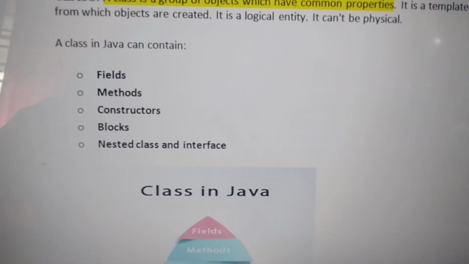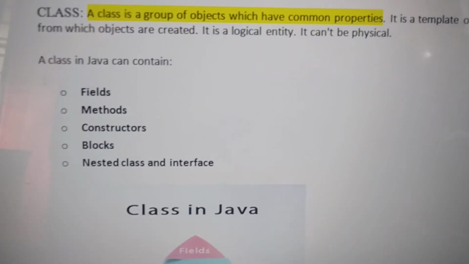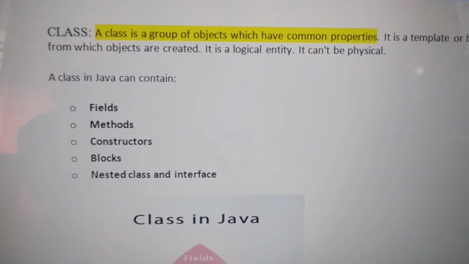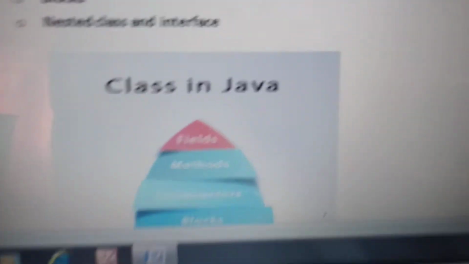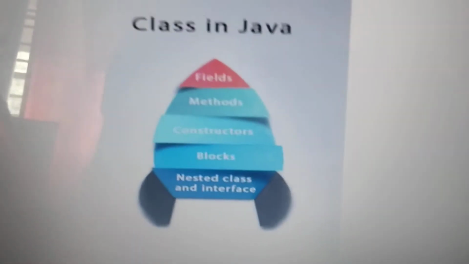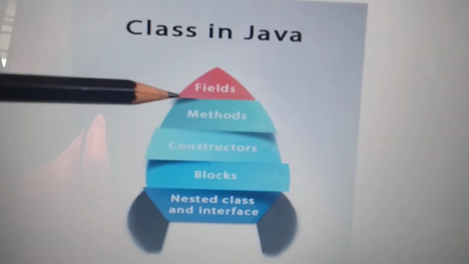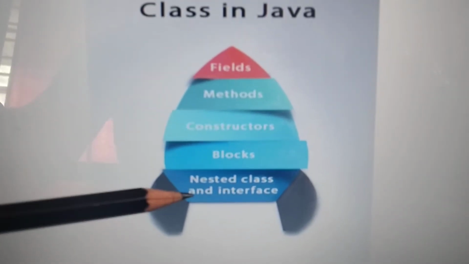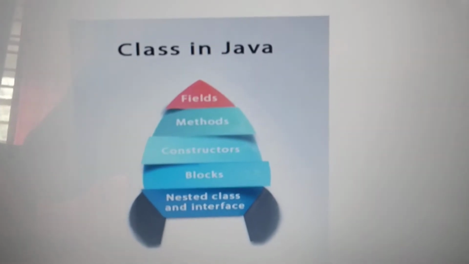Right now this is not included in your class 9 syllabus, even though we will have a brief look. Nested means one class inside another class. See the diagram. To make it more interesting, I have made one diagram also. So what does a class in Java contain? It contains field, method, constructor, blocks, nested class and interface.